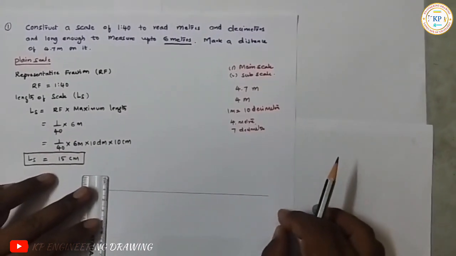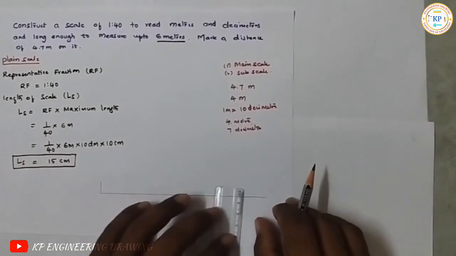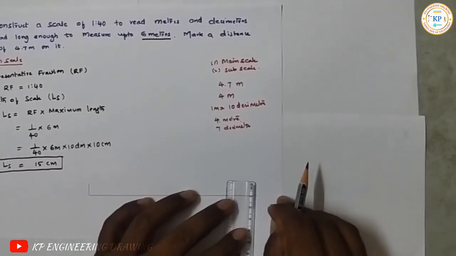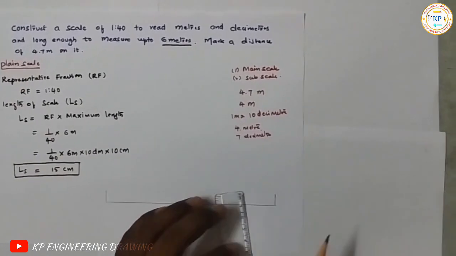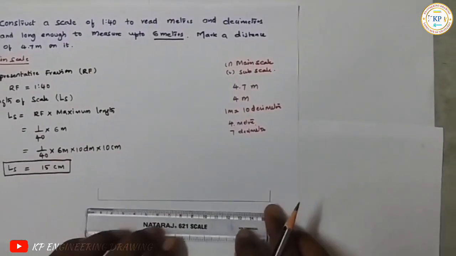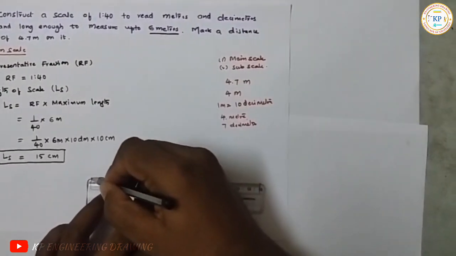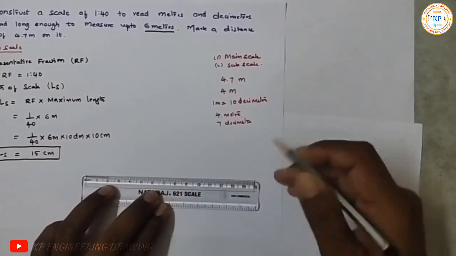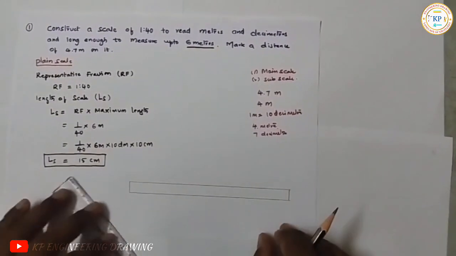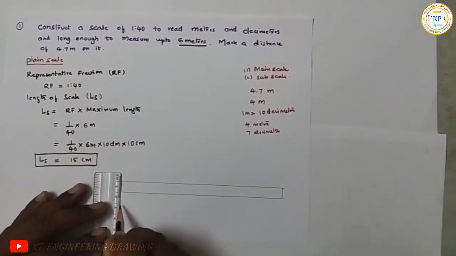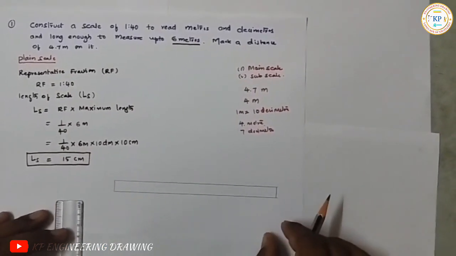So the height of the scale should be 10 mm, or sometimes we can take it as 5 mm also, but for more visibility we will take 10 mm as the height of the scale, right? So this is the scale of LS equal to 15 centimeters.